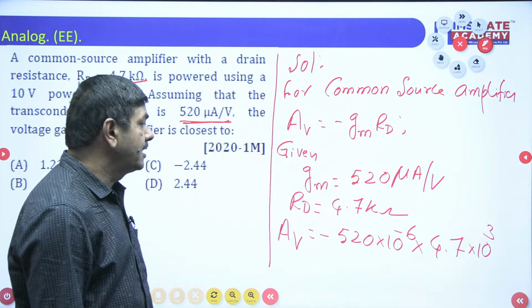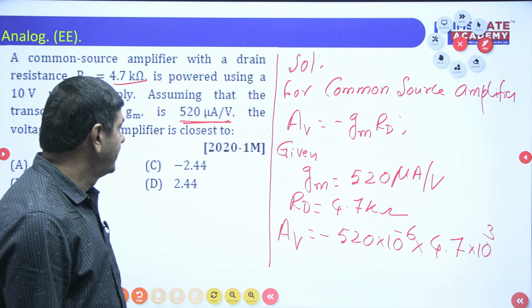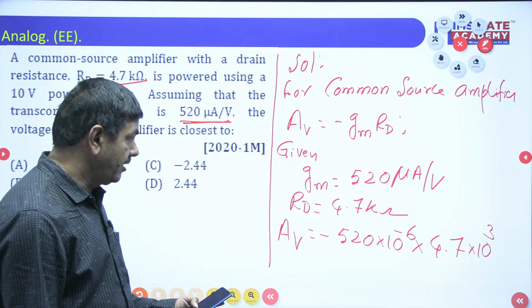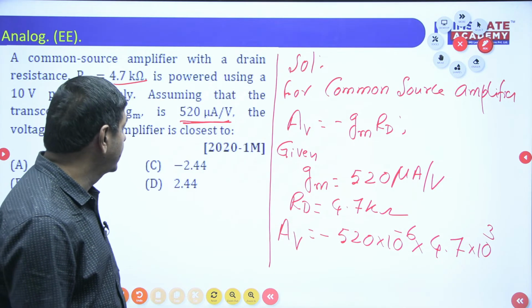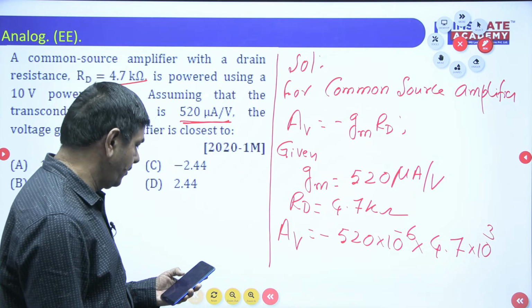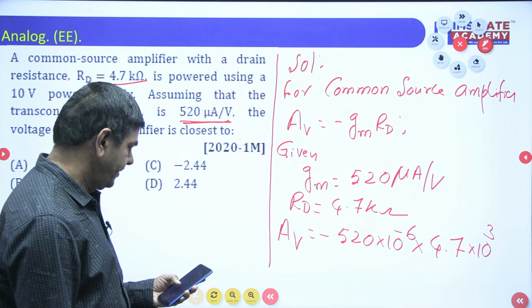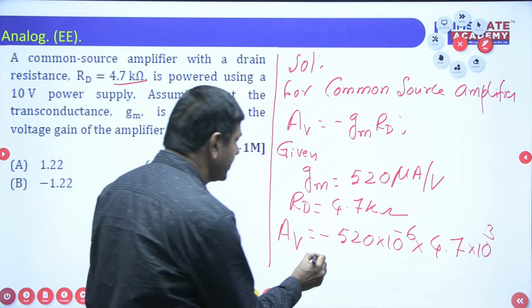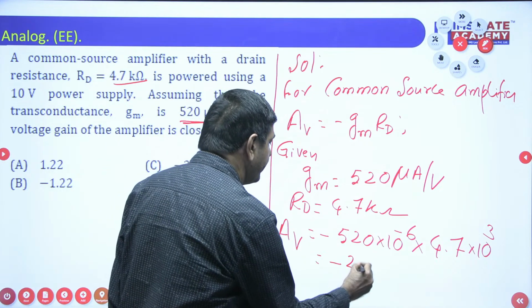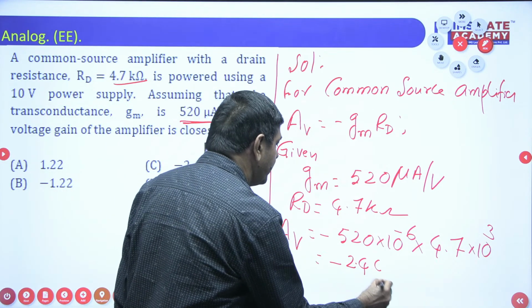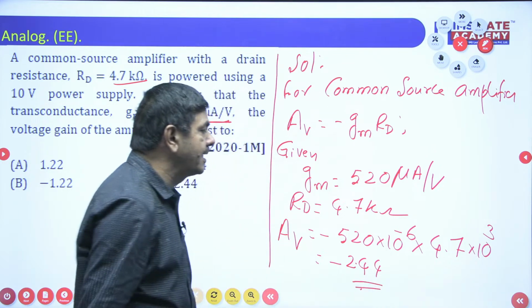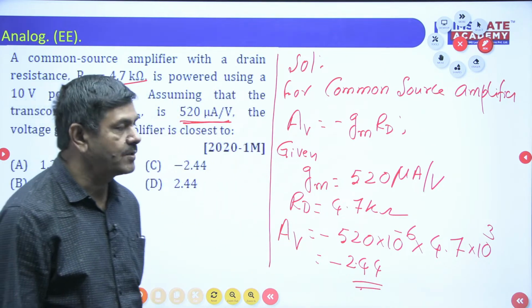But I want this voltage gain here now. If you are simplifying this, it comes as minus 2.44 mostly. Minus 2.44 mostly it comes. That is the voltage gain possible from this question I can say.